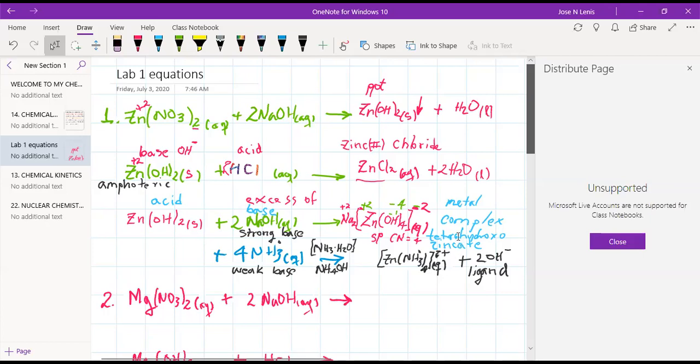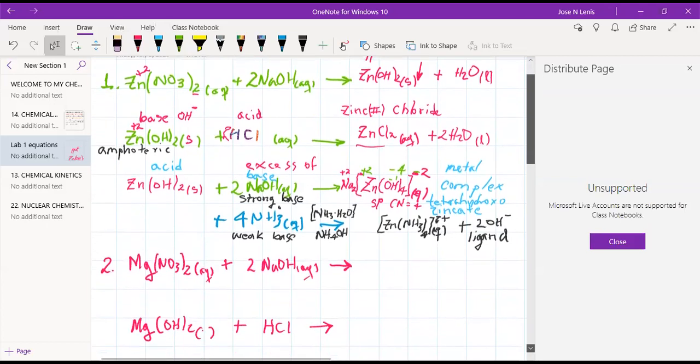So that confirms that zinc can form metal complexes, and that zinc has an amphoteric behavior. It forms amphiprotic compounds. Two big conclusions out of this first part of the experiment.